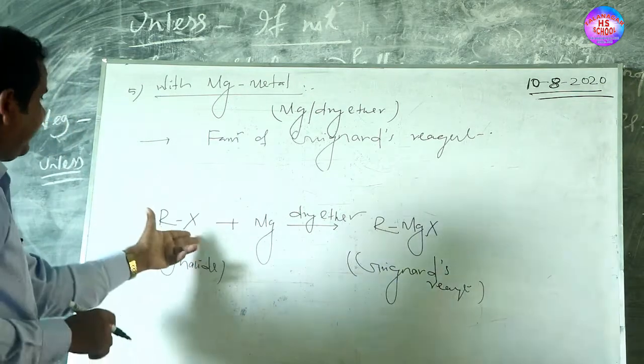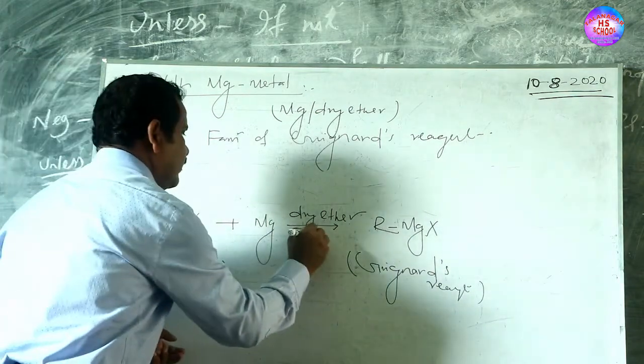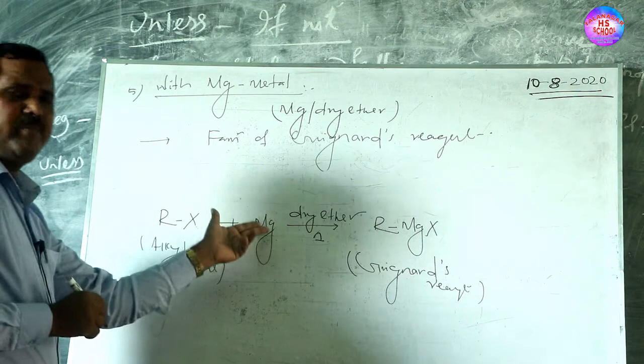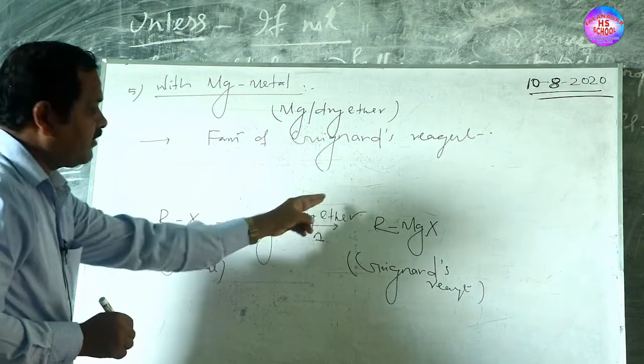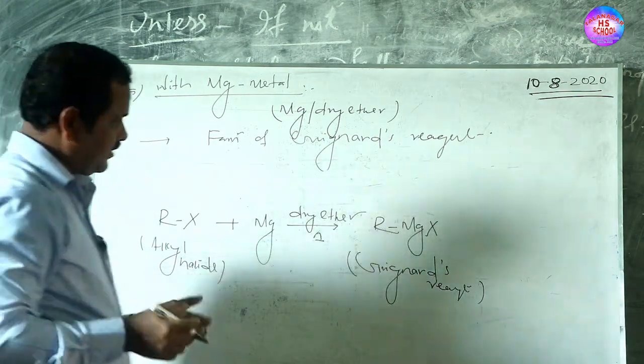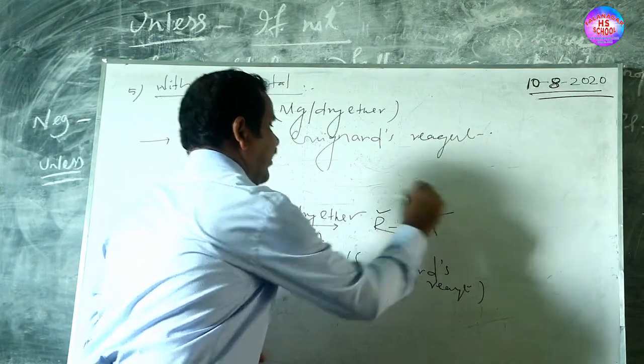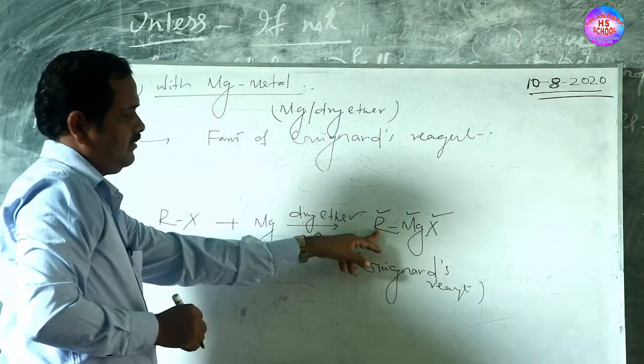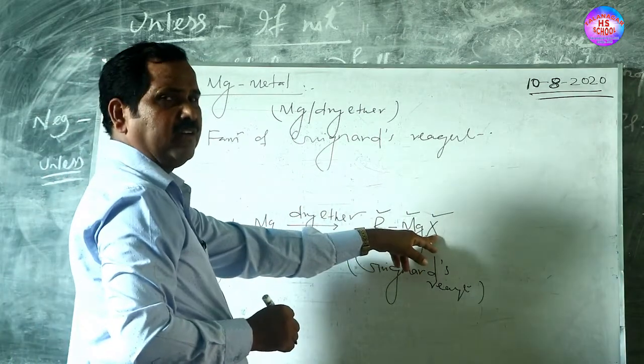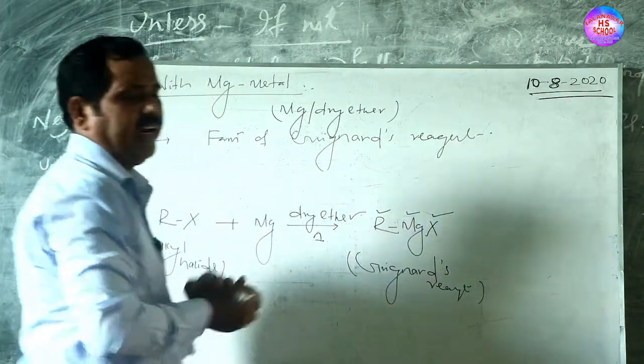Wherein alkyl halide is heated with magnesium metal in presence of dry ether, it produces alkyl magnesium halide. R is alkyl, X equals halide, alkyl magnesium halide.